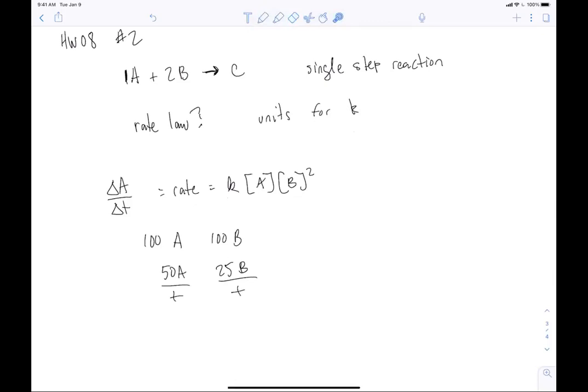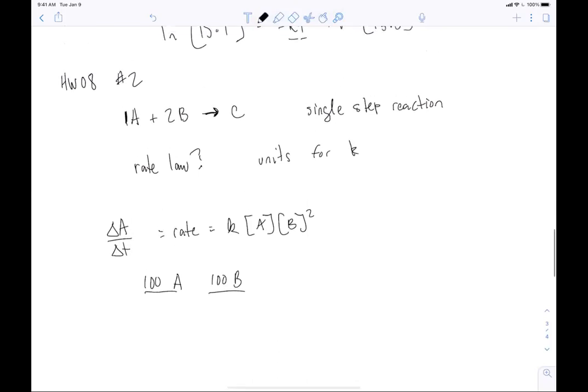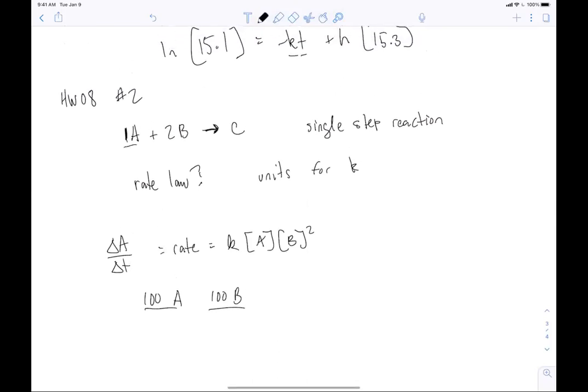I'm sorry. My thought experiment was to try and figure out what the coefficient should be in front of that. If I'm starting with the same amount of B, and I know that B disappears twice as fast as A because that's what the reaction tells me, that part makes sense to me intuitively.